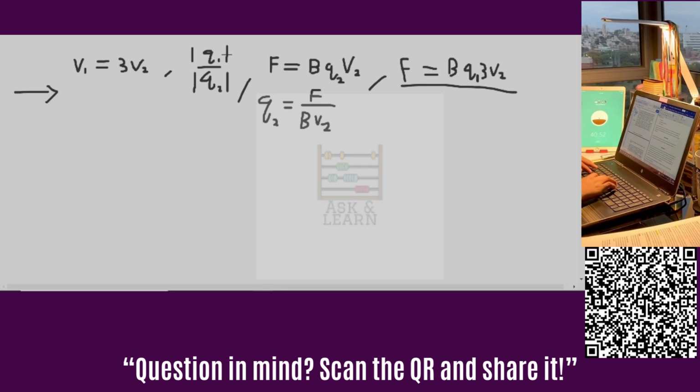Now, if we want to find the ratio of charge 1 to charge 2, we would divide the equation for charge 1 by the equation for charge 2, which can be rewritten. Just divide the reworked one, solved for Q, by this. That'll give us this equation. Q1 divided by Q2.